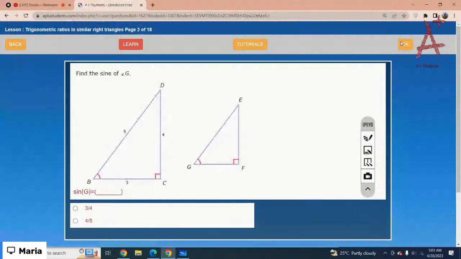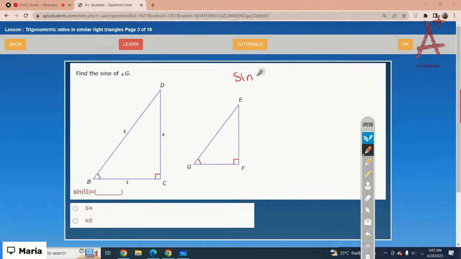Okay, the next one is find the sine of angle G. Sine of angle G is opposite divided by the hypotenuse. Got it? It would be EF divided by GF.